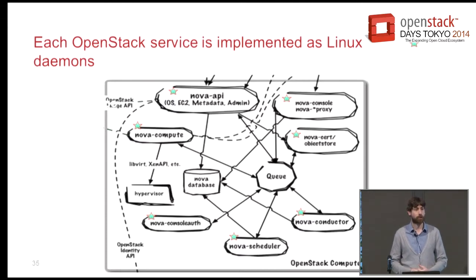The Nova Conductor service also is for security and scalability reasons. It mediates access to the database. And then the Nova Scheduler is responsible for determining where in all of your physical machines that particular virtual machine should live.